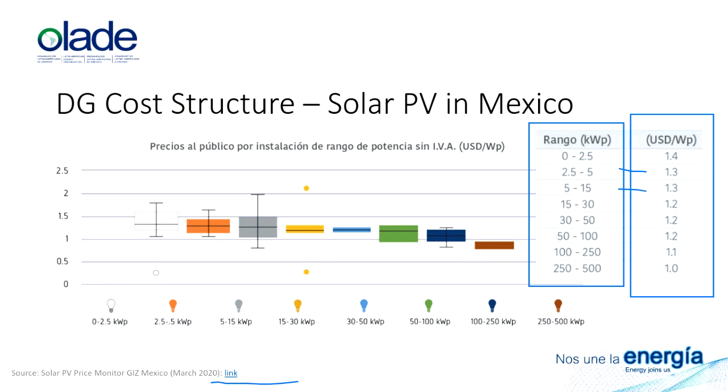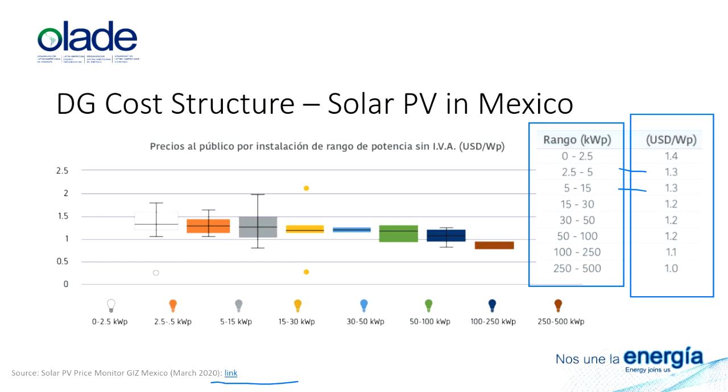Just as a side note, when the Renewable program was launched in Argentina in 2016, which is a utility scale tender program, the maximum capex that was estimated for utility scale solar plants was around $1 per watt peak.